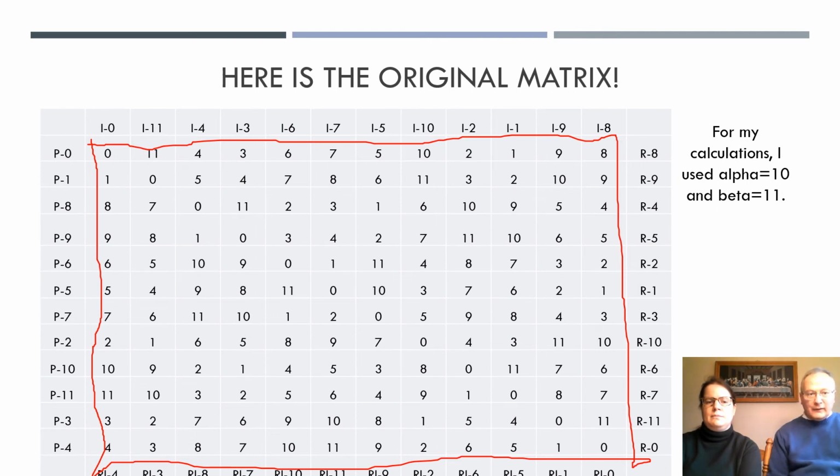Going down is the inversion: 0, 1, 8, 9, 6, 5, 7, 2, alpha, beta, 3, 4. So that's the inversion, and the retrograde inversion is going up. Notice the main diagonal.